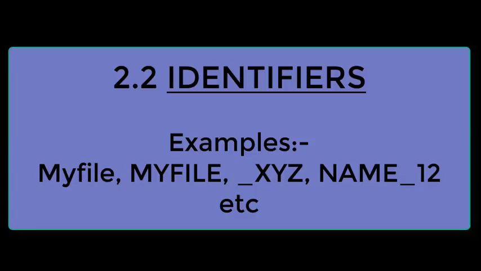The first character must be a letter. The underscore is also counted as a letter. A very important point to be noted is C++ is case sensitive as it treats upper and lower case characters differently. Here are some examples.